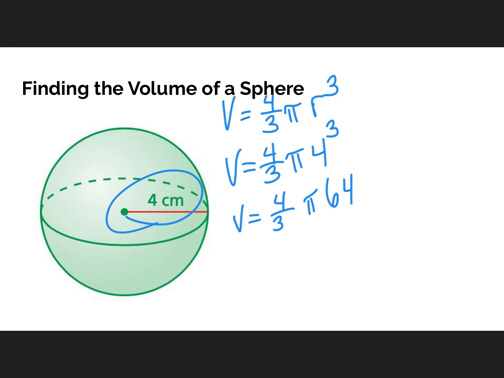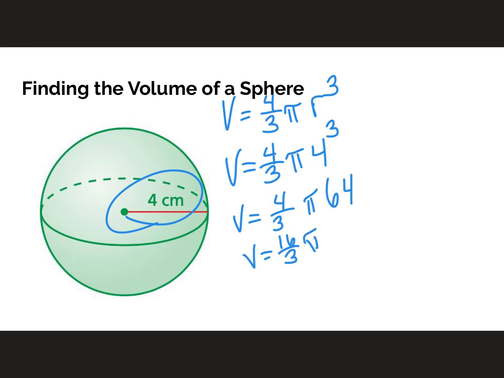Which gives us our volume is 5 1/3 times pi. Let's not do it that way. Let's do it as 16/3 times pi.